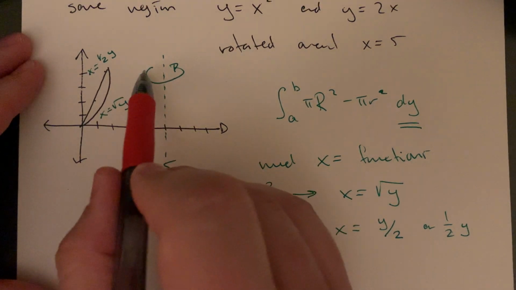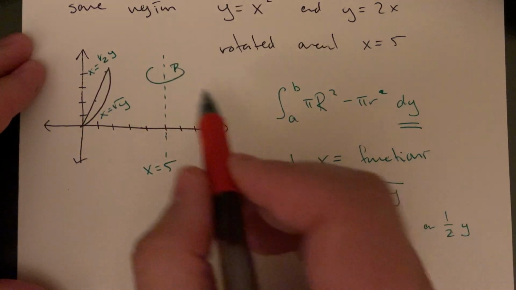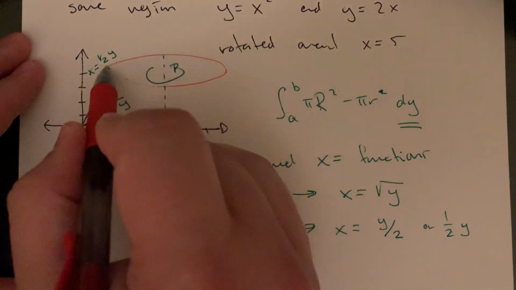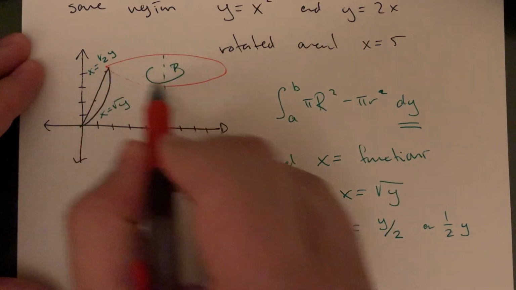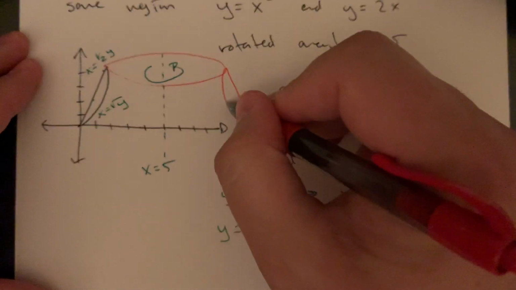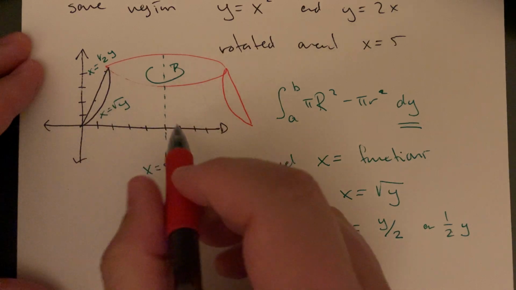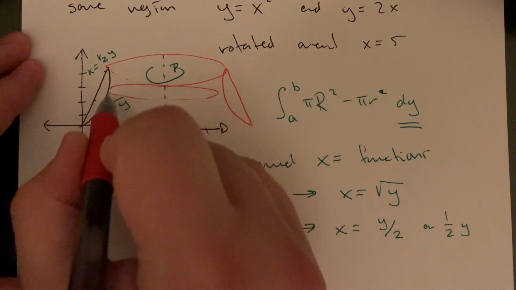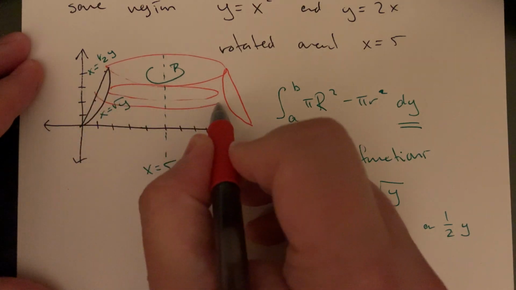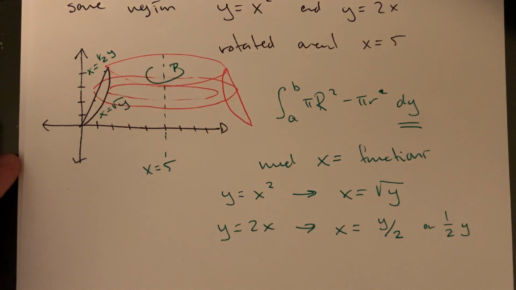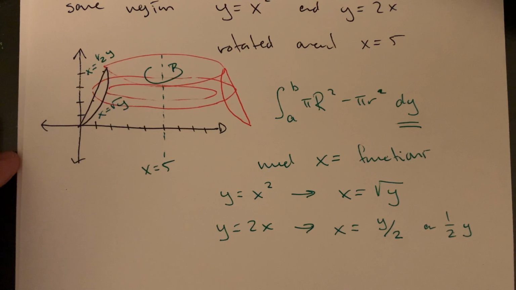If I'm rotating around like this, I'm going to get big chunks like this. My discs are going to be here. I would get a mirror image over on this side. And I'm getting washers that look something like that. I'm not sure how well these drawings come across.